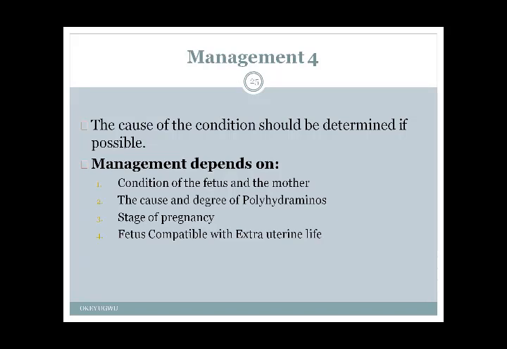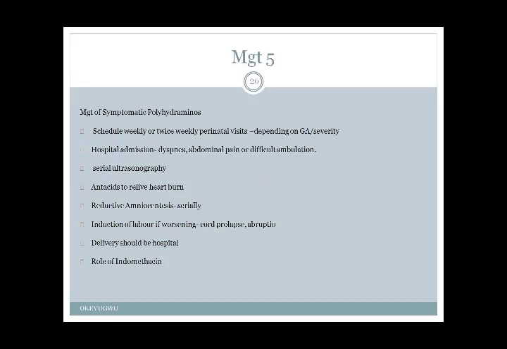Management depends upon the condition of the fetus and the mother, the cause and degree of polyhydramnios which we encounter, the stage of the pregnancy, and whether the fetus is compatible with extrauterine life or not. As we have discussed the different causes, our management is directed towards them. For symptomatic polyhydramnios, schedule weekly or twice weekly antenatal visits depending upon the gestational age or the severity.